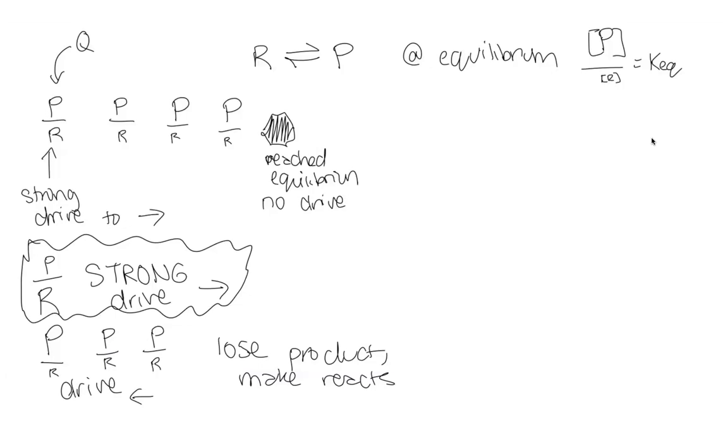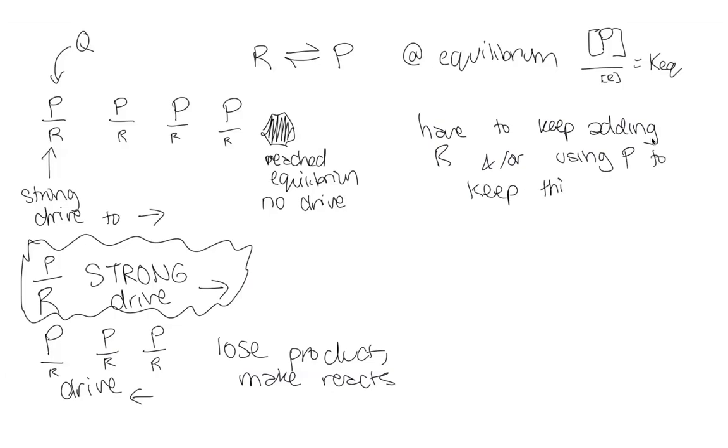This is a key thing we're going to see too: we're going to have to keep adding R, and or using P, to keep this going. And it turns out that doing this, we're actually able to keep product formation going.